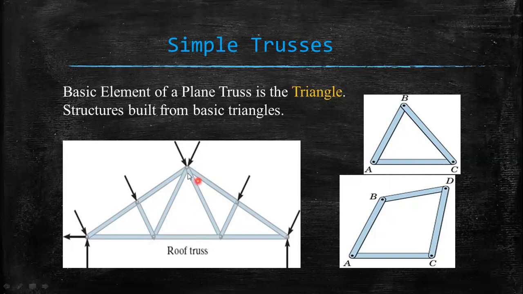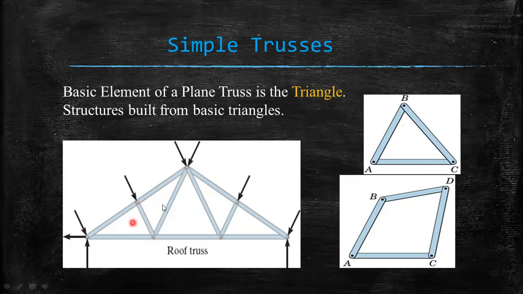And if you look at this structure as well, you can see in between the joints, the shape formed is just a triangular shape.